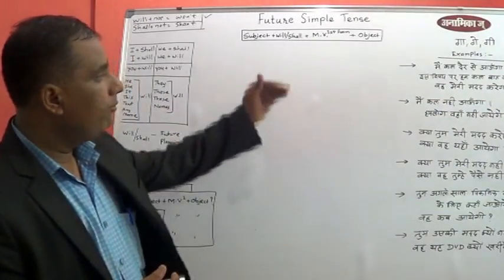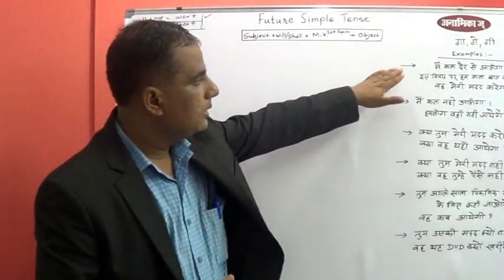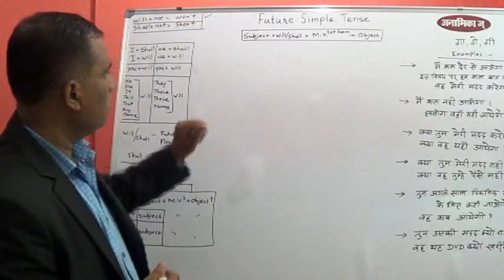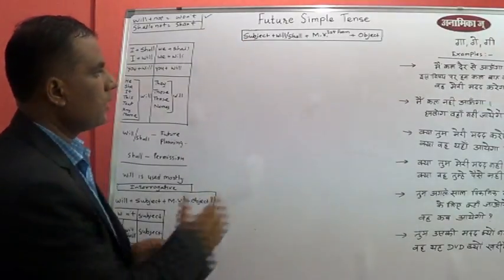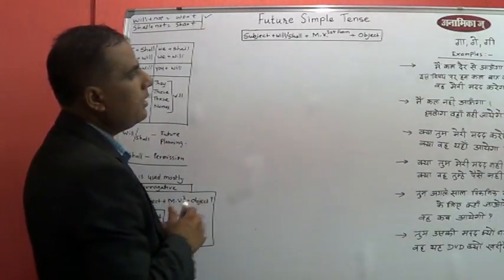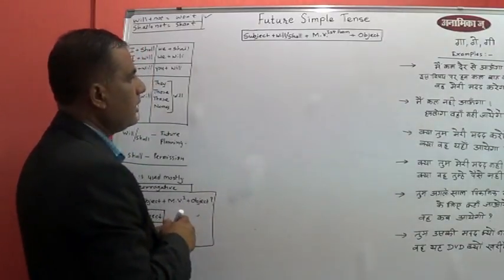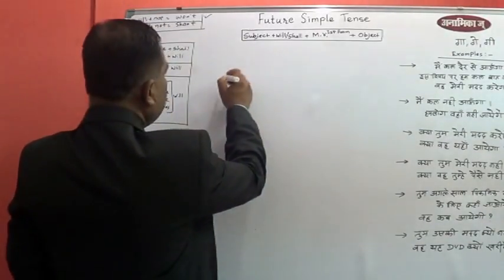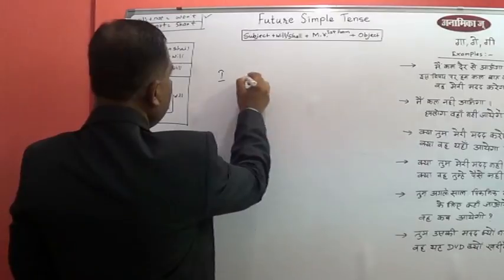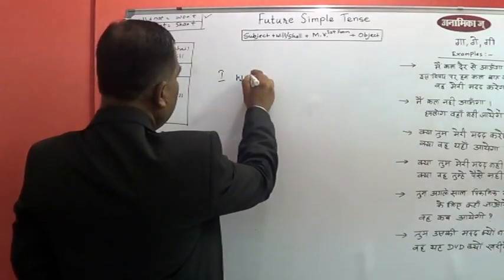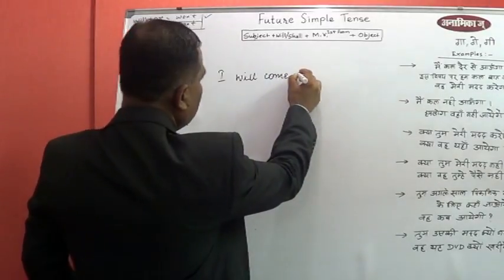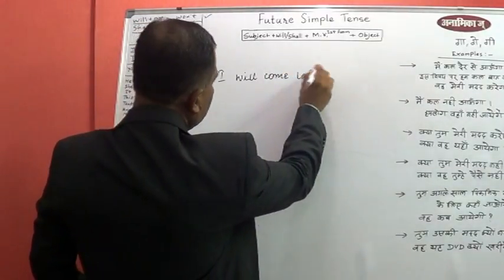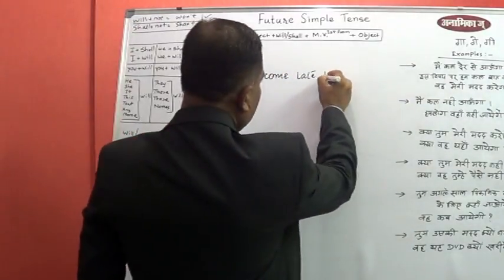So now we will frame these sentences to know how to apply this structure. पहला एग्जाम्पल हमारे पास है, मैं कल देर से आऊंगा. So it will start with I will come late tomorrow.